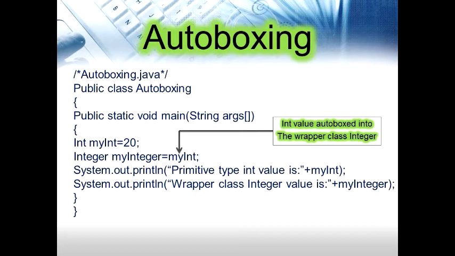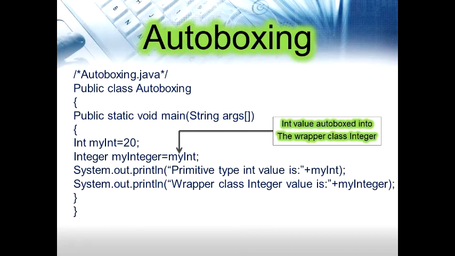Next, System.out.println. Whatever I write in the double quotes is a statement, and it is going to print on the output screen without any calculation. Primitive data type int value is, plus myInt. Next is System.out.println, wrapper class Integer value is, plus myInteger.